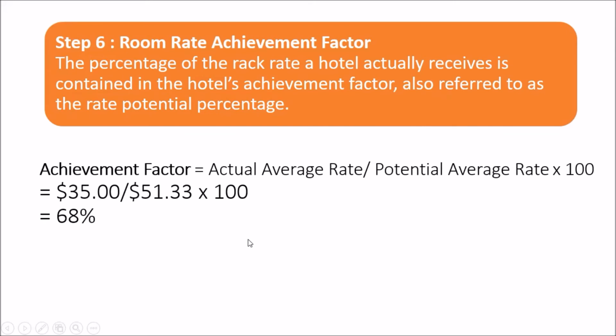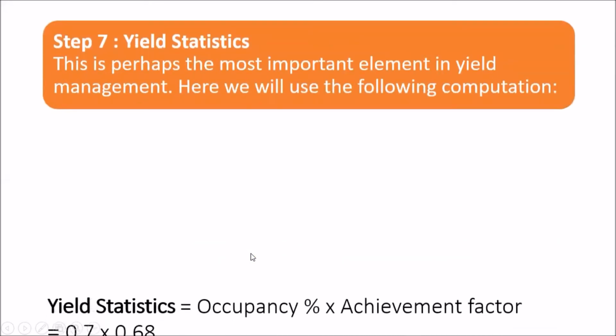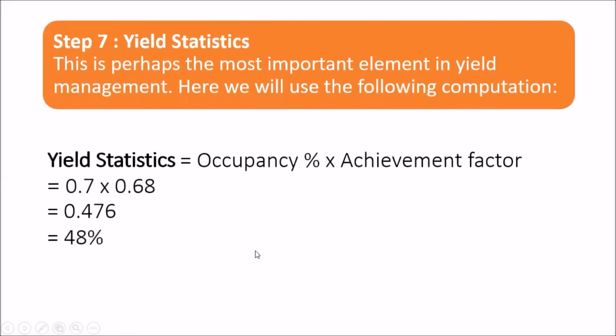Now step 7, we have to calculate yield. We'll calculate yield using this formula. There were 3 formulas which we have learned. However, in the previous steps, we have already calculated the achievement factor, so we will use this formula. The first formula of the yield statistic: occupancy percentage multiplied by achievement factor.